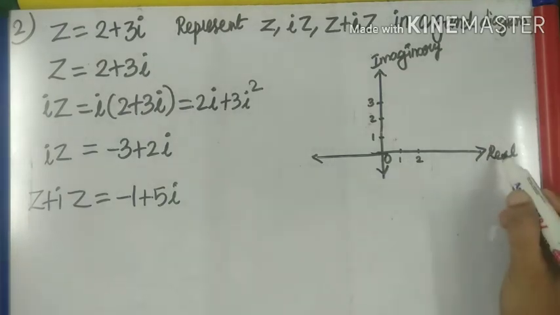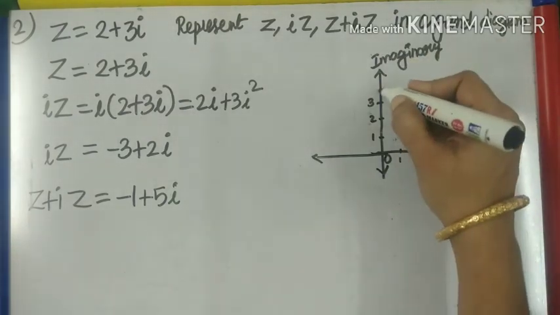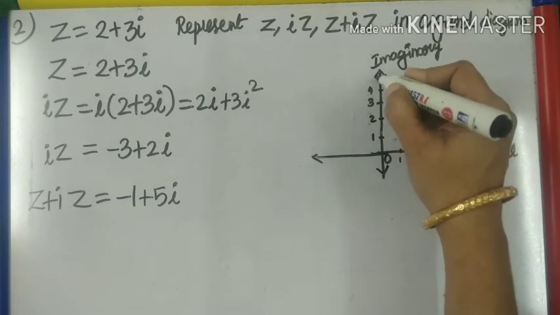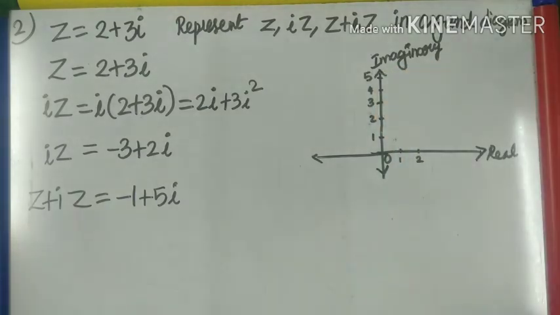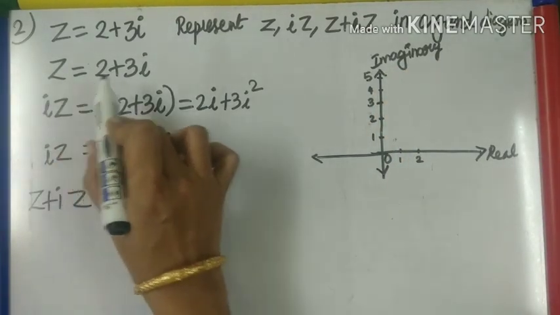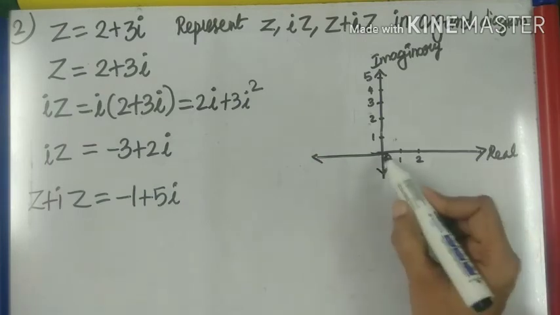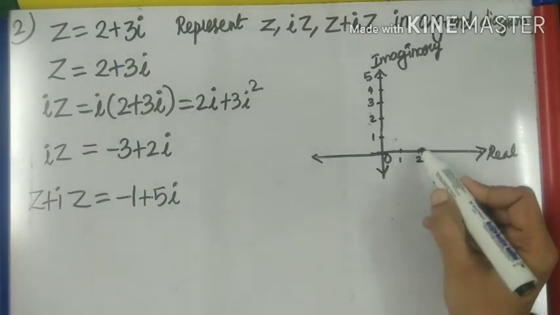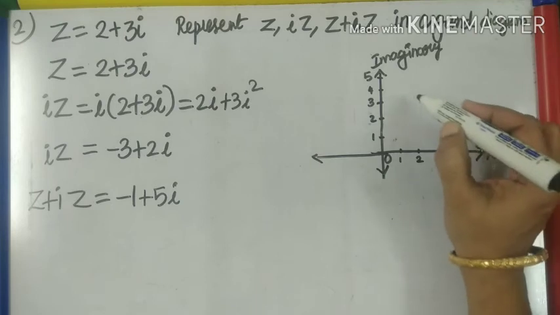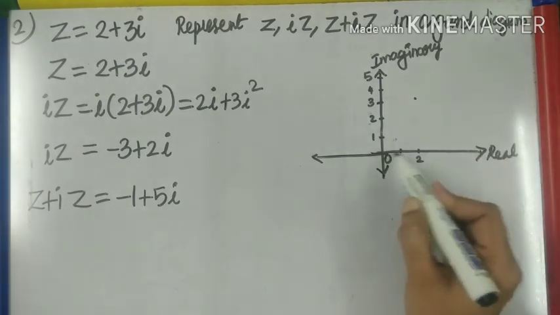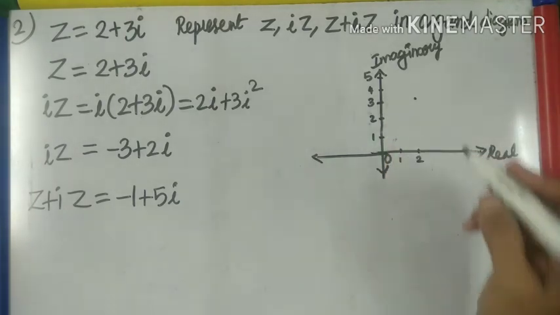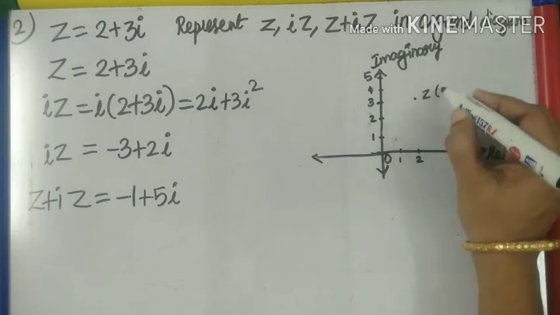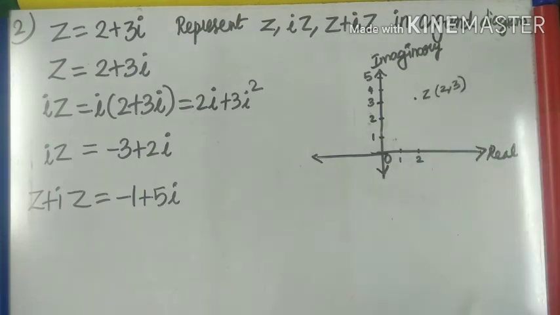Real axis we have taken, imaginary axis. We can have some more numbers here to mark all this. z is 2 plus 3i, meaning 2 in the real axis, 3 in the imaginary axis. So this is the point, 2 in real, 3 in imaginary. So this is z. It is 2, 3.